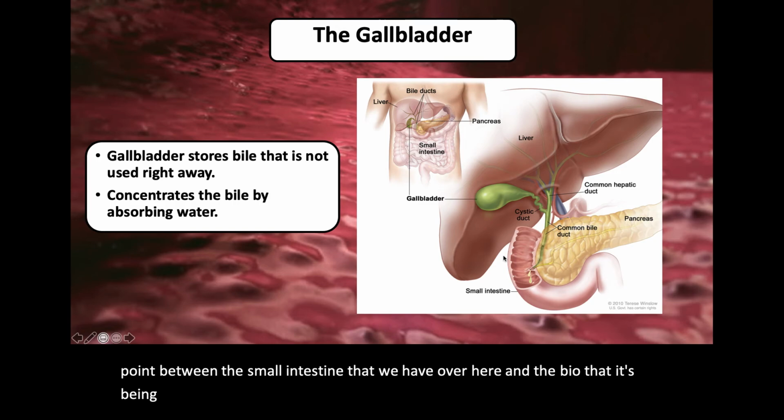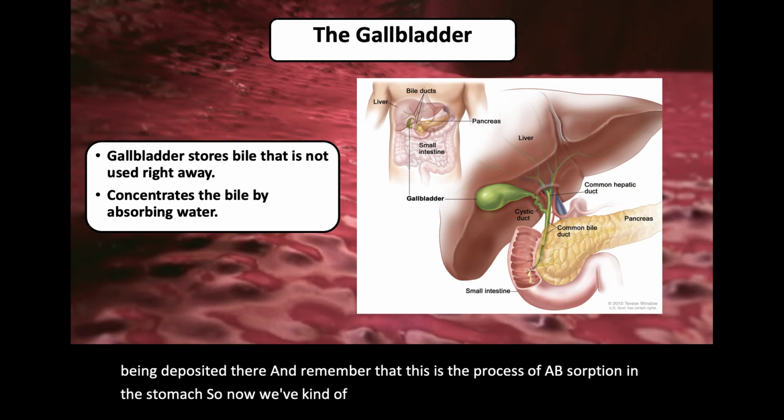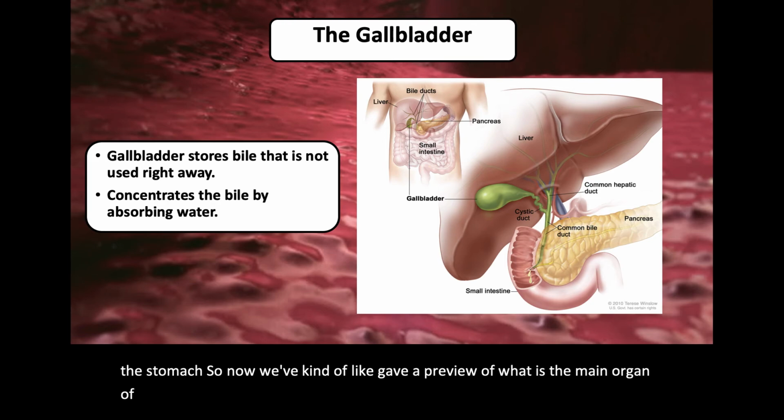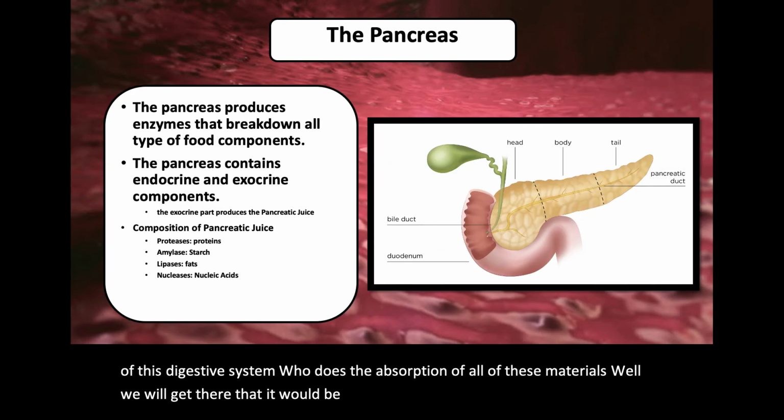And remember that this is the process of absorption in the stomach. So now we've given a preview of the main organ of this digestive system. Who does the absorption of all of these materials? Well, we'll get there. It would be the small intestine.